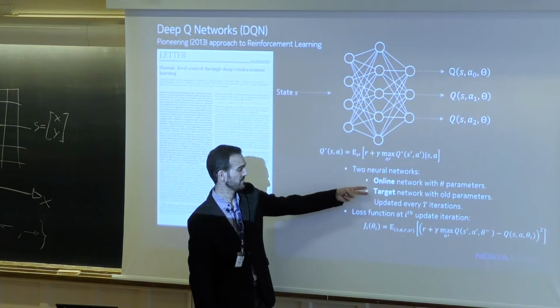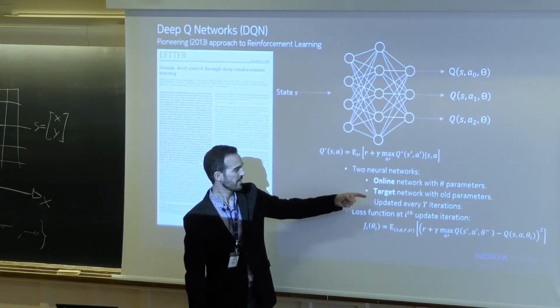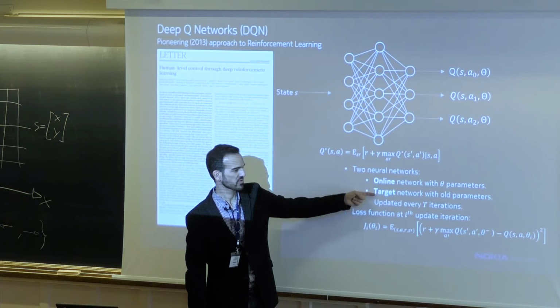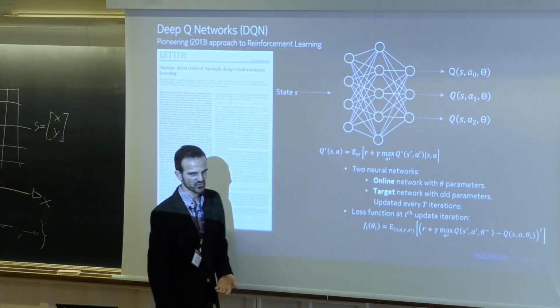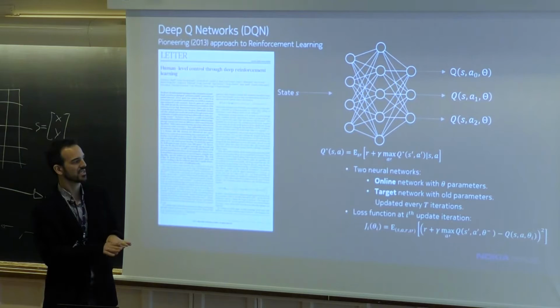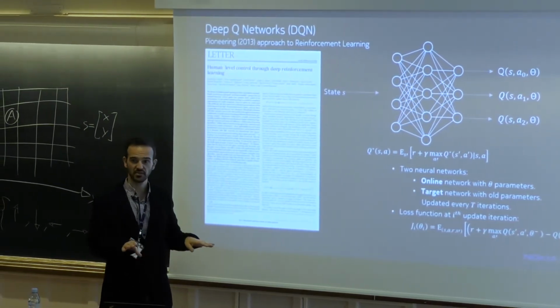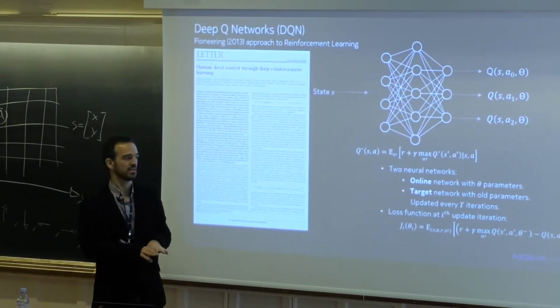And this basically means that when we run a training epoch, we update the online network, but we only update the target network every, say, 10 or every 100 training epochs of the online network. And this helps us keep the targets stable and avoids non-stationarity.